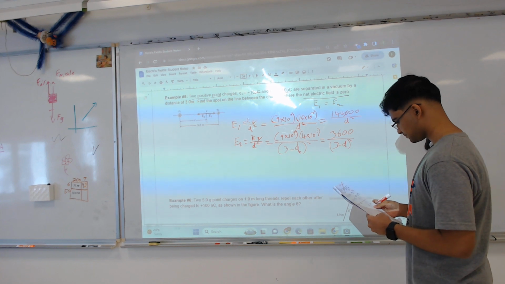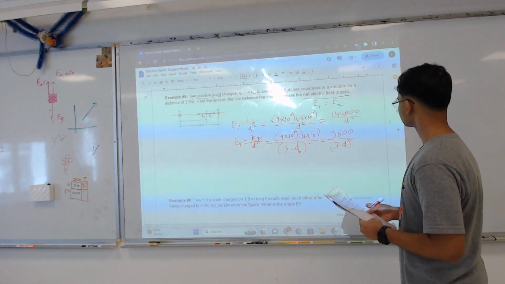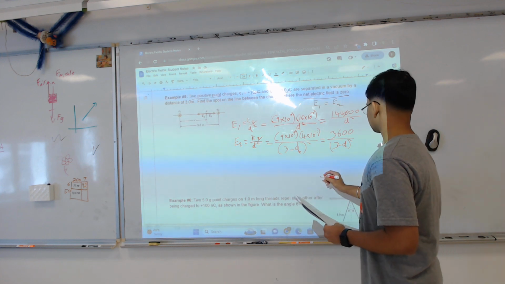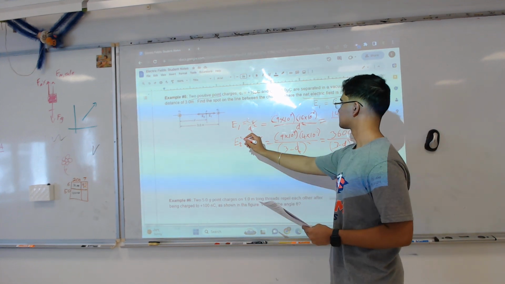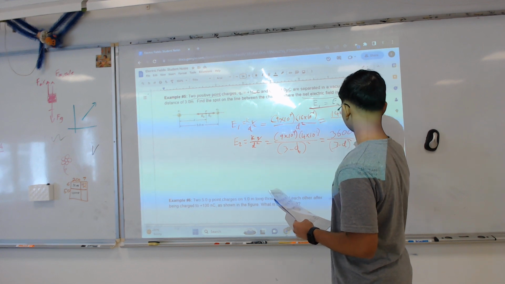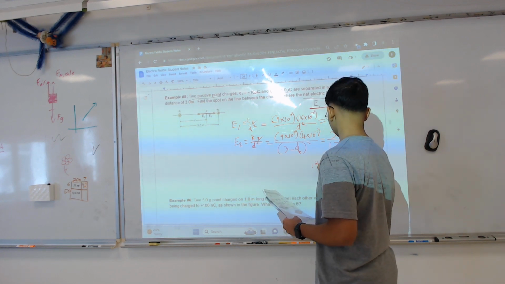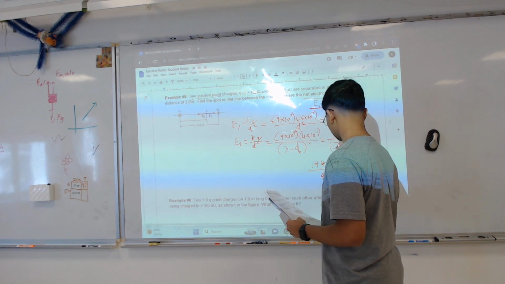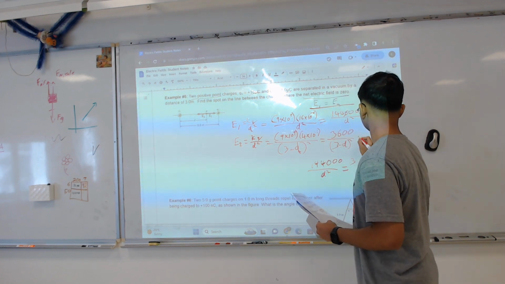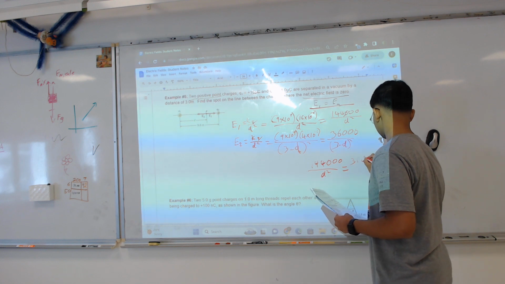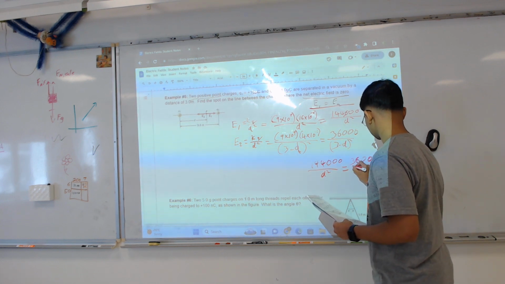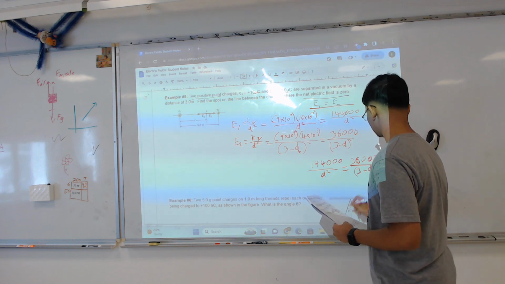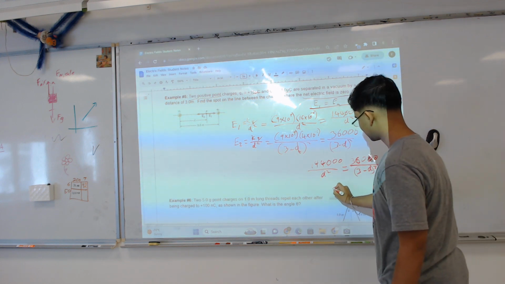If you used a different variable, you wouldn't be able to solve it, because then you'd have 2 variables and you'd need another equation. Because they both have to equal each other, you set them equal and put it in the solver, and when you do, you get d.